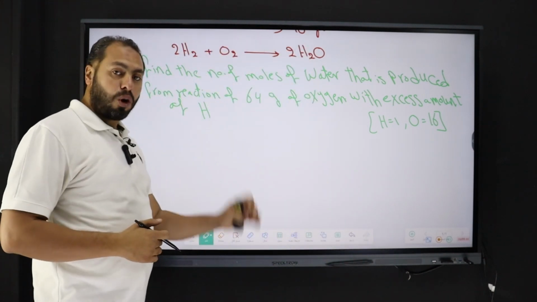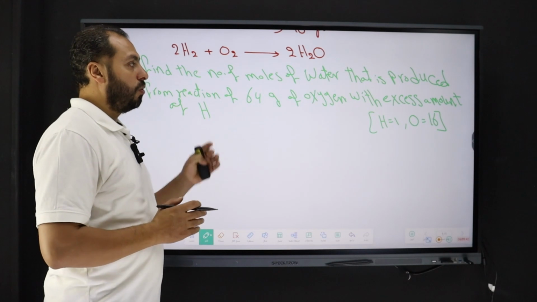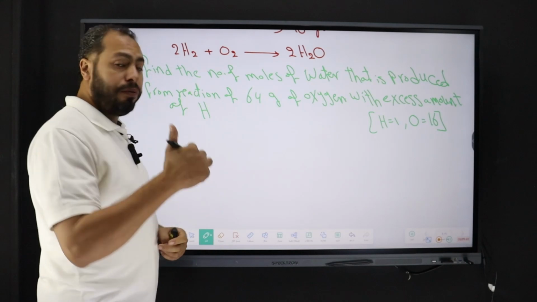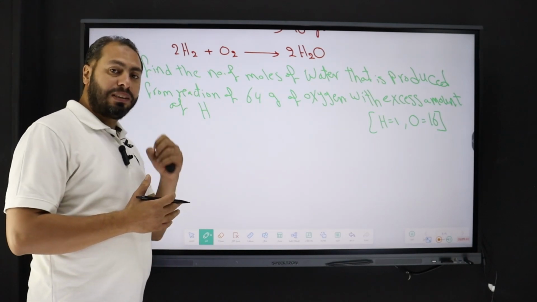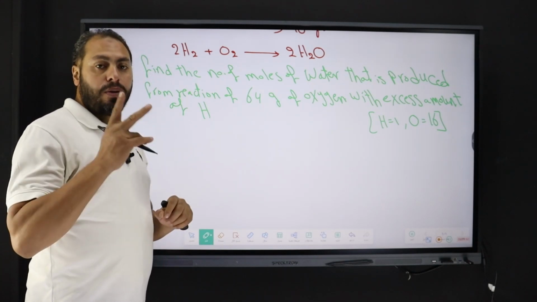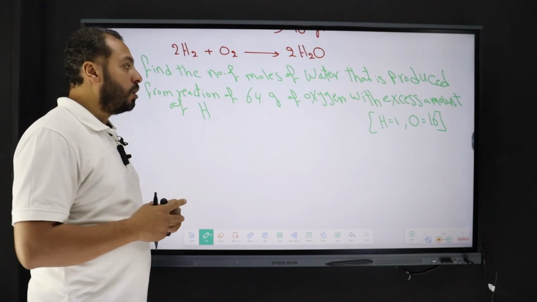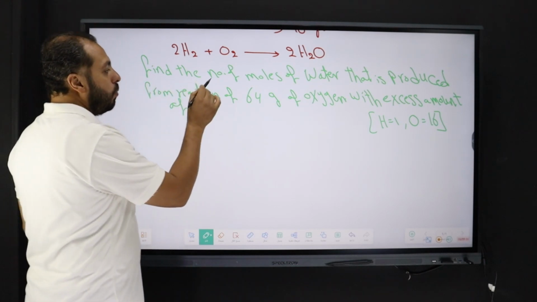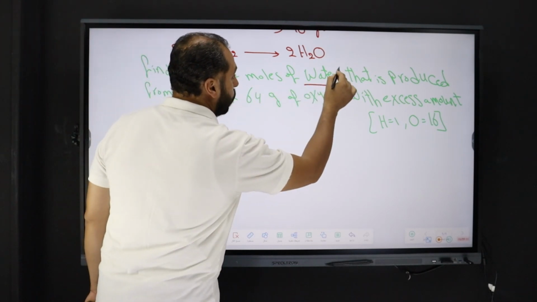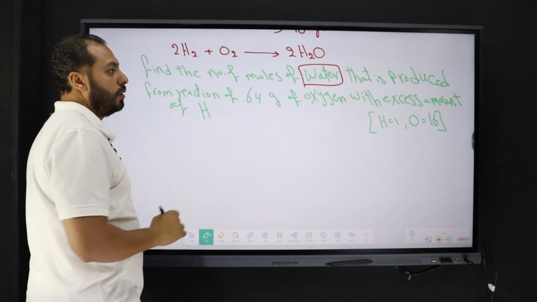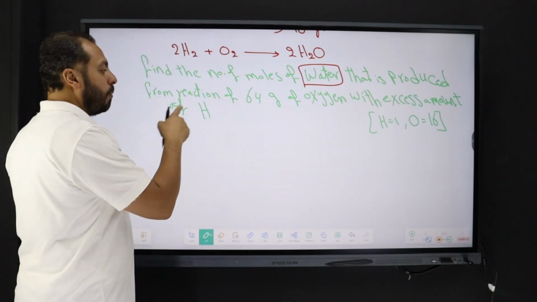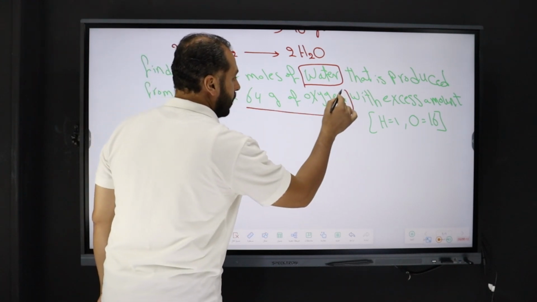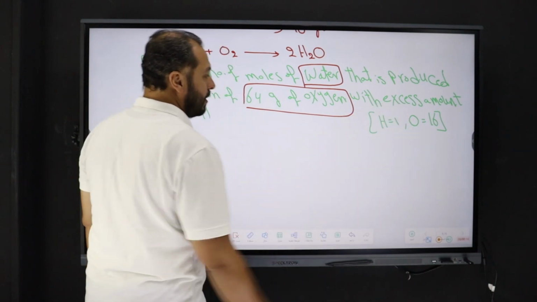In this type of problem, how can we calculate the number of moles? The first step, we have to determine the two substances which it speaks about. So here, find the number of moles of what? Of water. This is the first one, produced from reaction of 64 grams of oxygen. This is the second substance, with excess amount of hydrogen.